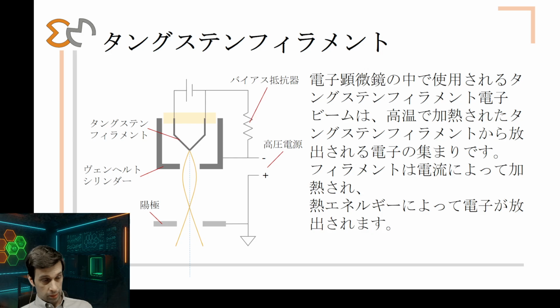And the emission spot is a little bit wider, because you saw the shape of the filament, the tip, the bent part of the filament. It's small, but it's not extremely small. The filament is heated up by a current, and the electrons are emitted mainly because of the thermal energy.